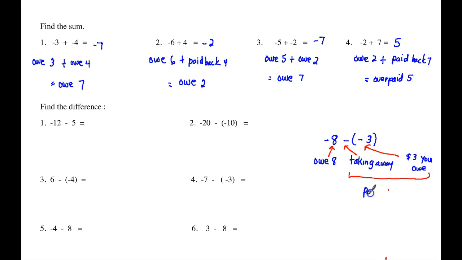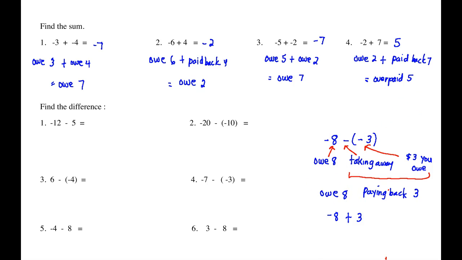So this is you paying back $3. So taking away $3 that you owe means you're paying back those same dollars. So here you owe $8 and you're paying back $3. So mathematically, we translate this to negative 8, then plus 3.